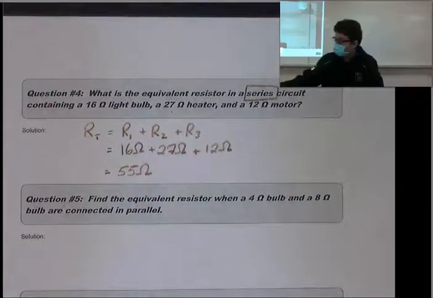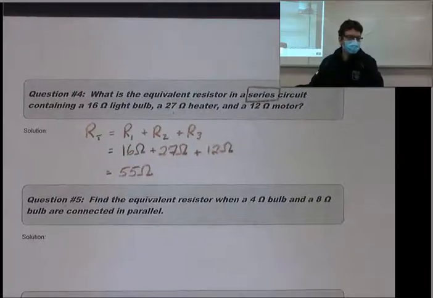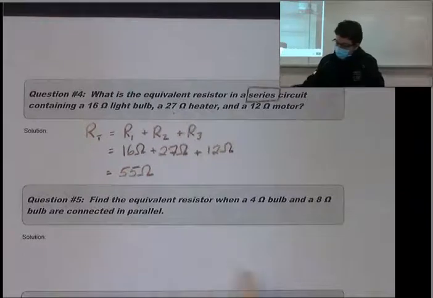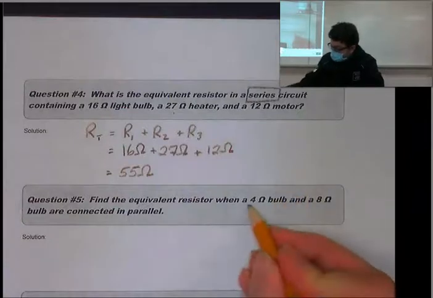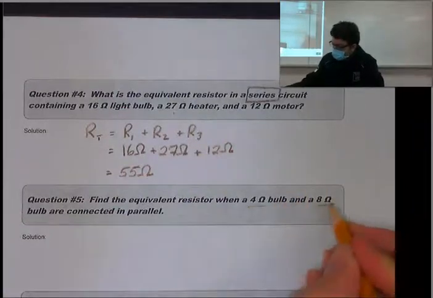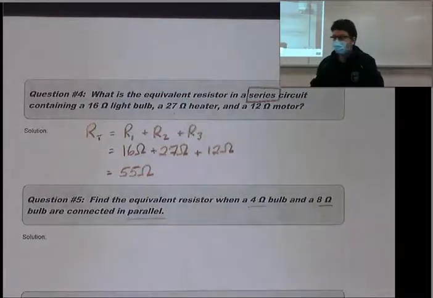So series circuits are not so bad. Let's look at example 5, where we're going to have a parallel circuit. Find the equivalent resistor when we have a 4 ohm and an 8 ohm bulb connected in parallel.